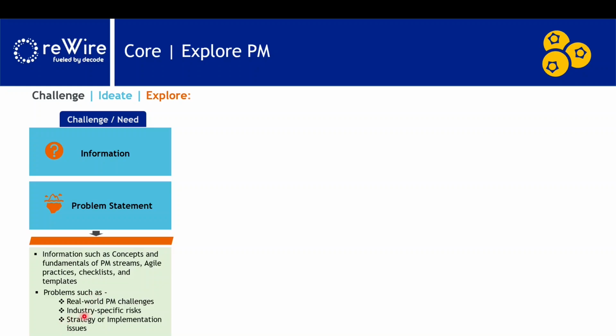Problems such as real world PM challenges, industry specific risk, strategy or implementation issues. See, while you are dealing with any GenAI assistant, you have to take care of the information you provide to the assistant, because the information is secured.